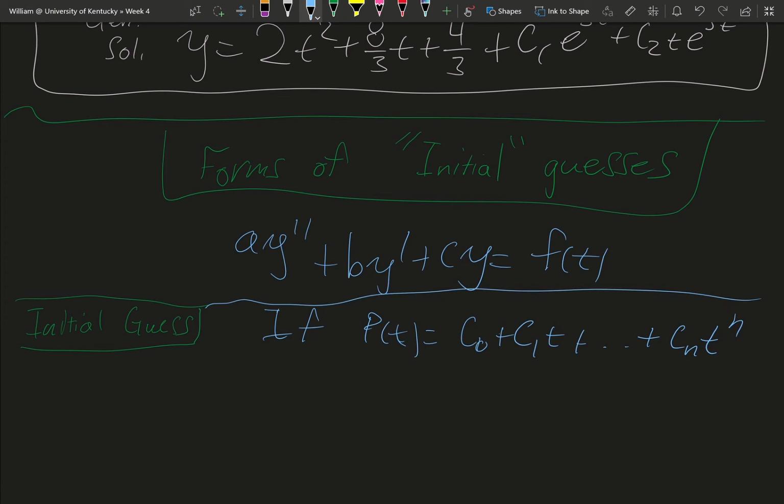So again, we're talking about this f here. So if f of t is c e to the rt, then our initial guess for our particular solution is just going to be a times e to the rt.